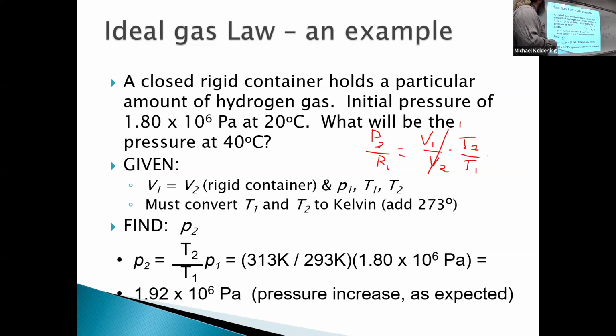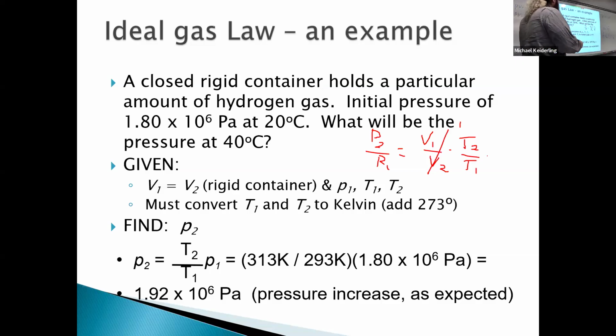Given V1 equals V2, it's a rigid container. We need to convert T1 and T2 to Kelvin, so we'll add 273 degrees. So 20 degrees Celsius is 293 Kelvin. 40 degrees Celsius is 313 Kelvin.